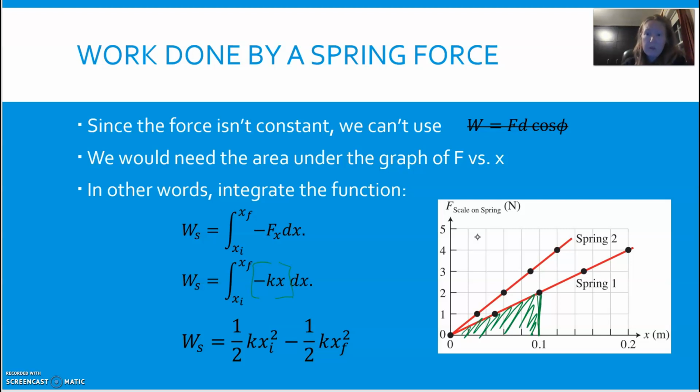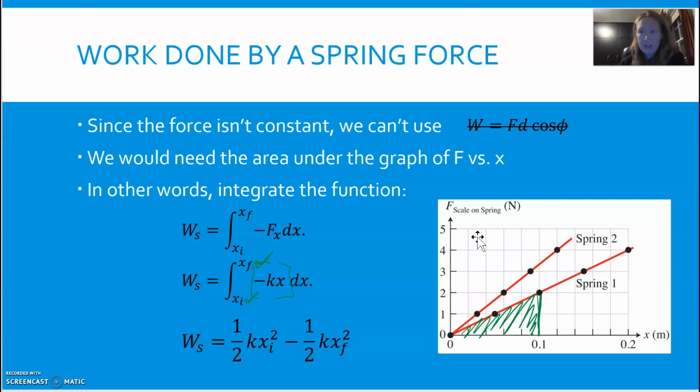And we have limits here, because these limits are saying, here's where the spring was stretched originally, and then it got stretched to this final position, xf. And so then you can imagine, it's linear now.